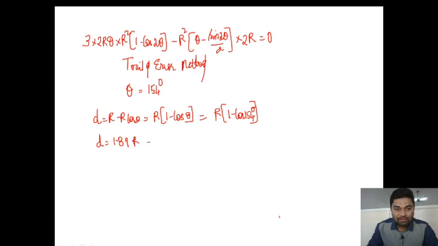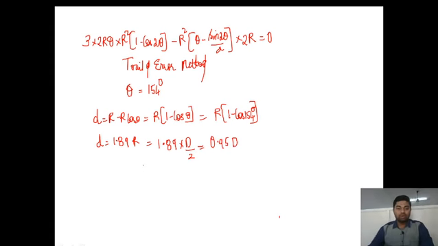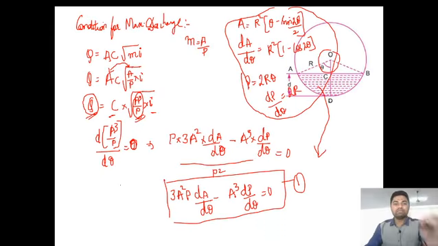If we substitute r in terms of D by 2, 1.89 into D by 2, we get 0.95 D. So small d is equal to 0.95 times the capital D. This is the condition for maximum discharge.